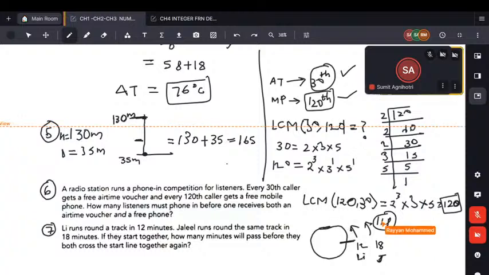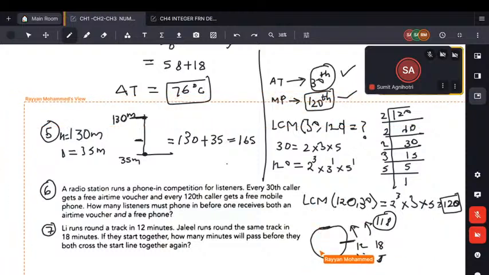They will cross when Lee completes some rounds. That means here as well you need to find a common multiple of both numbers. You need to find the LCM of 12 and 18.